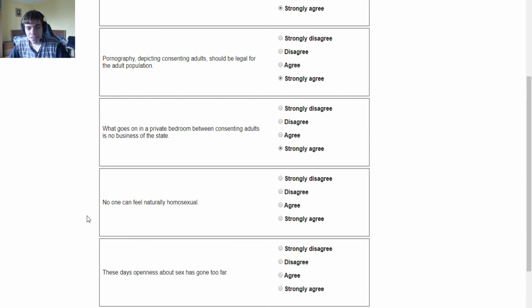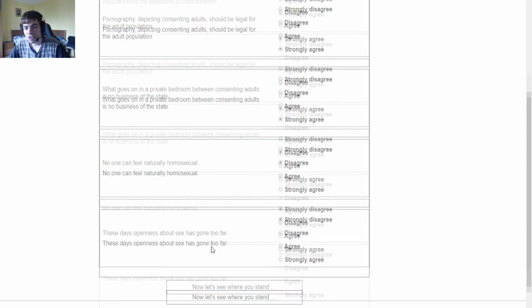So I guess it will be disagree on this one. Some people have told me that they just feel that way, and that if it was simply a choice, they would still choose to be gay. So I'm not exactly sure how that works. This day openness about sex has gone too far. No, I think it could definitely go a lot further.